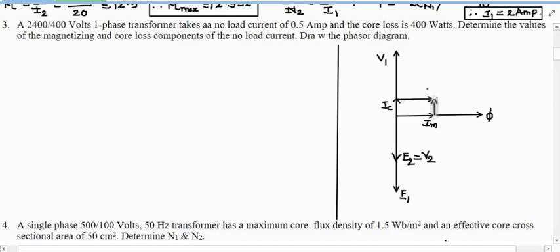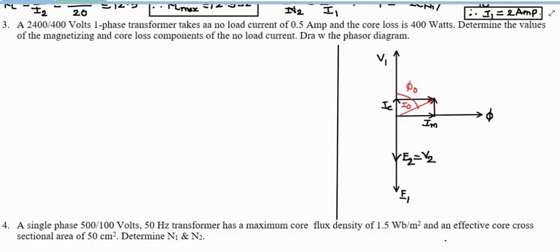So this will be the vector addition of both. This is your I naught, means no load current, and the angle between the applied voltage V1 and current taken from the supply is phi naught, the no load power factor angle.